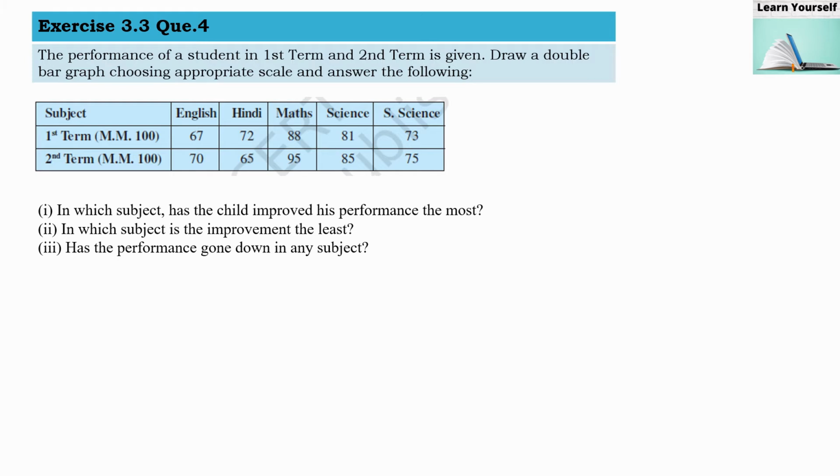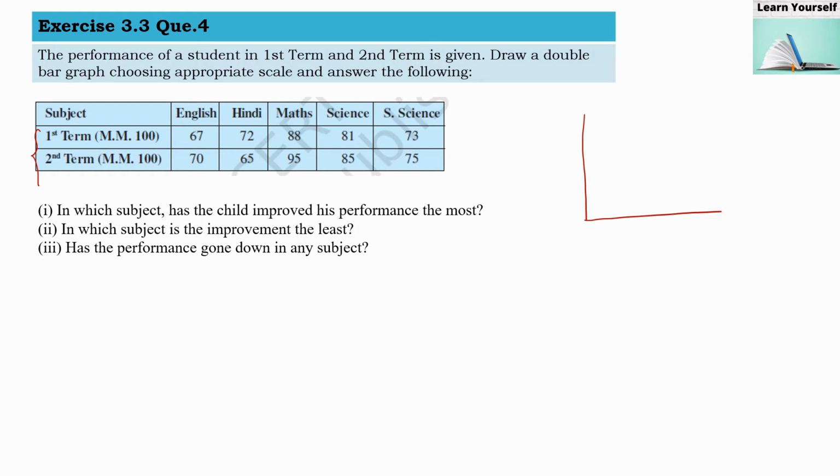So in a double bar graph, on one of the axes we are taking two readings and on one of the axes we are taking only one reading. So here as you can see there are two terms. So term 1 and term 2 will come on one axis whereas marks will come on another axis.